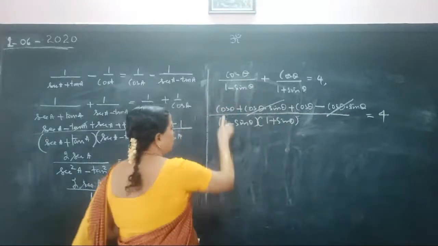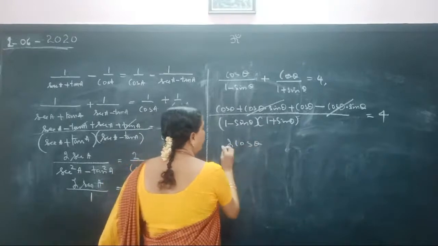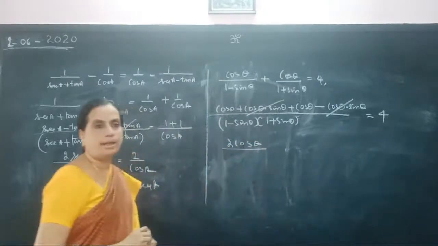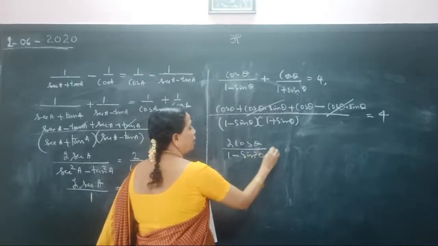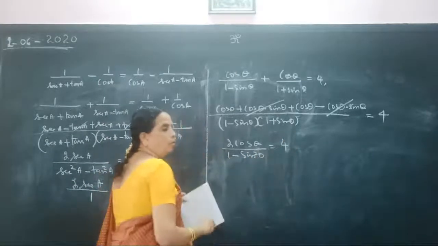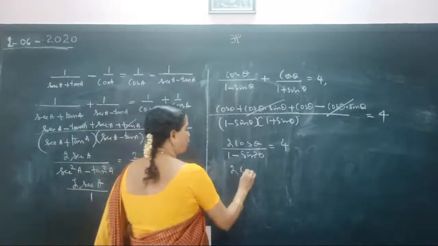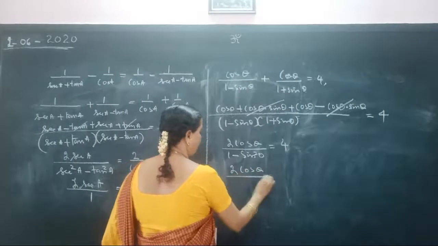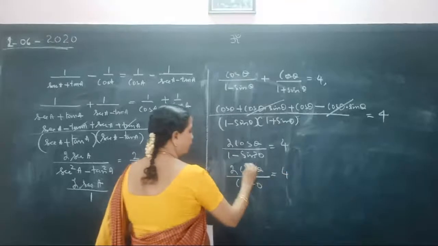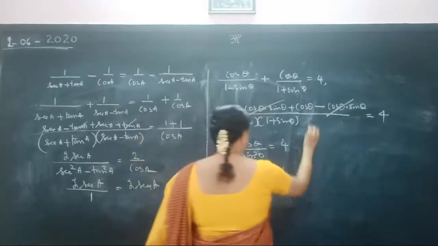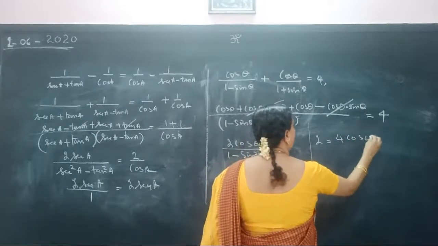What you will get? Cos theta plus cos theta, 2 cos theta. Denominator, the product is 1 minus sin square theta equals 4. What is 1 minus sin square theta? It is cos square theta equals 4. Further cancel this. What you will get? 2 equals 4 cos theta.